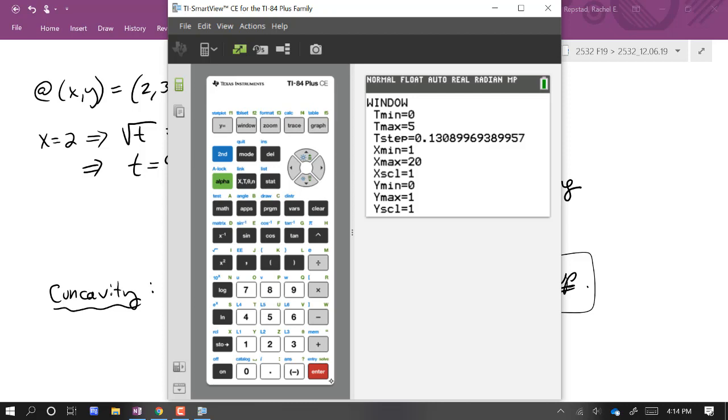So maybe I'll put it at, I don't know, 0.01. And I'm not sure exactly, I'll go from -10 to 10 on the x and y axes. And now I'll hit graph.